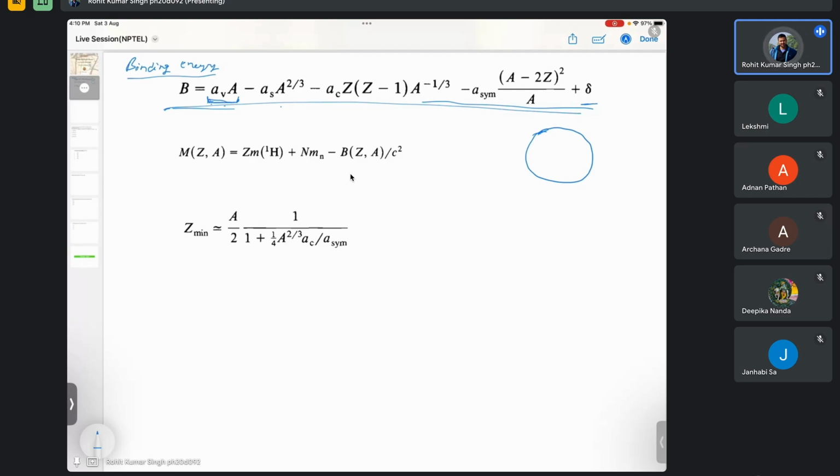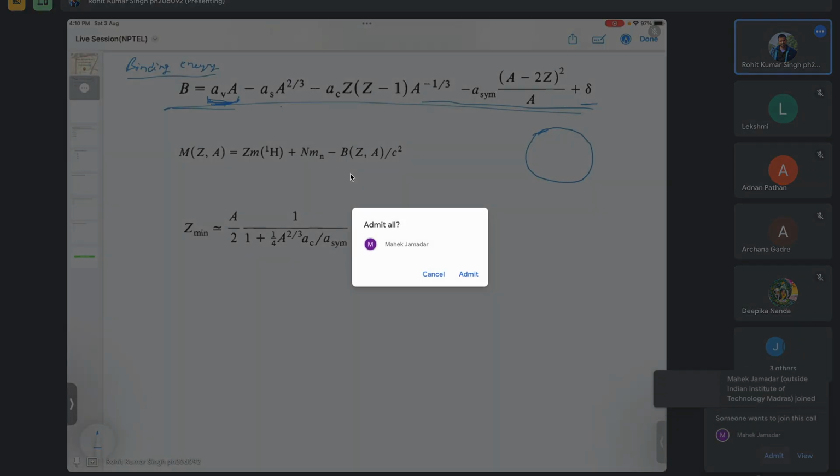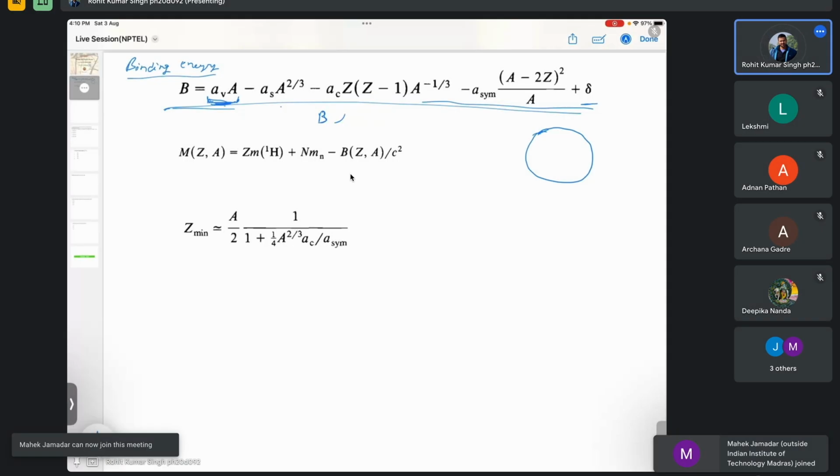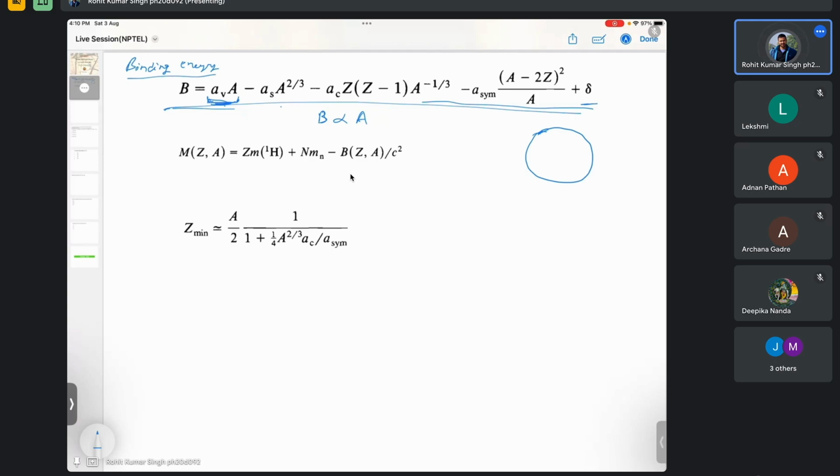So the first term is just from the idea that binding energy should be proportional to the total number of nucleons. If you have more nucleons, then binding energy is just proportional to that, okay.